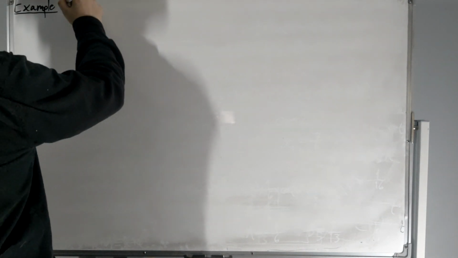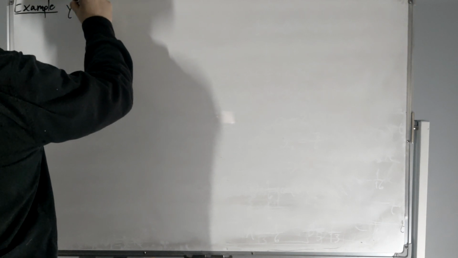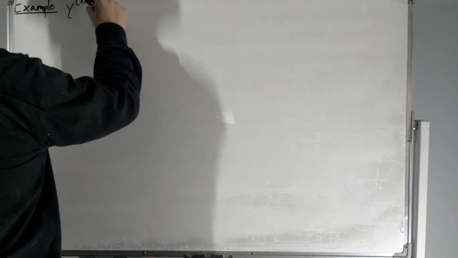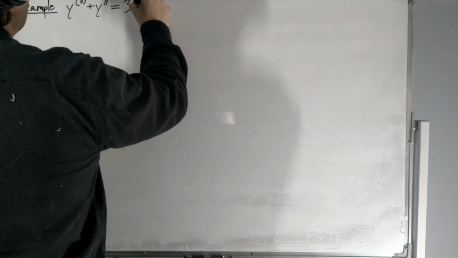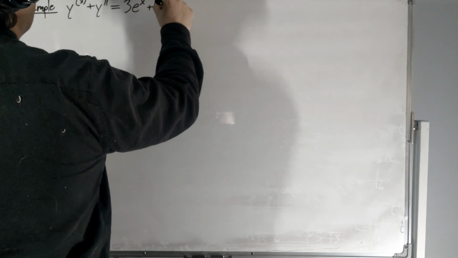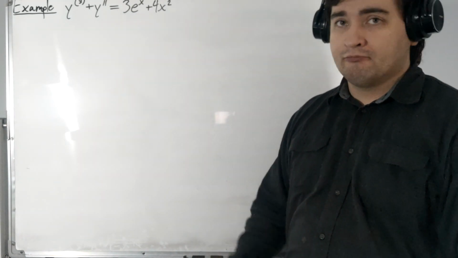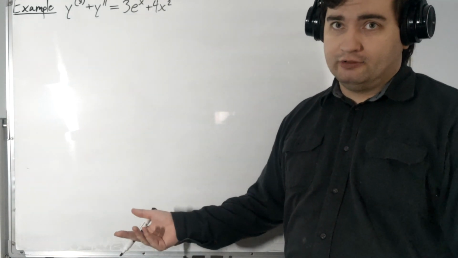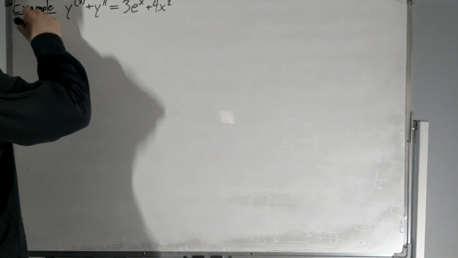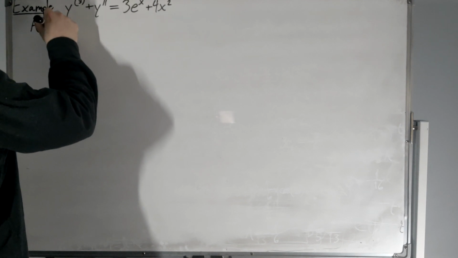Let's suppose we're trying to find the general solution of the third derivative of y plus the second derivative of y equals 3e to the x plus 4x squared. Right, so once again, the associated homogeneous equation is the first thing we ought to look at.